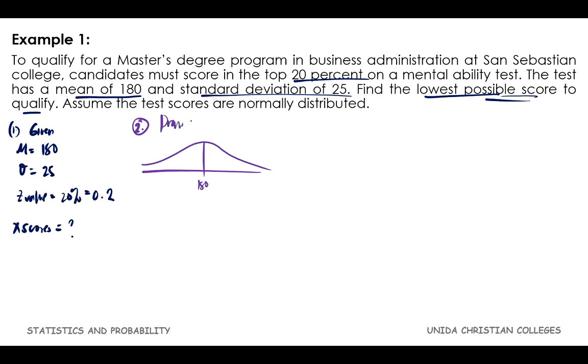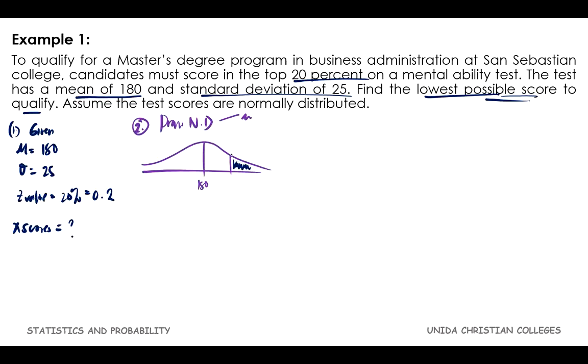We draw a normal distribution, and the first input is the average. What we are looking for is the top 20%. By just looking at the normal distribution, we know that the top 20% is in the upper part, so let's say it is here. This is the 20% that we are looking for.